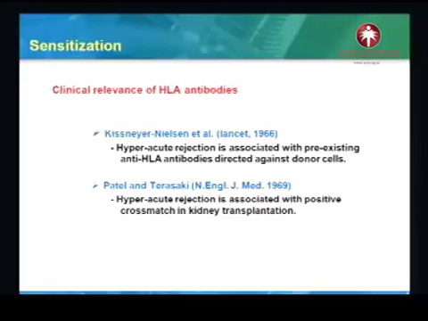The importance of sensitization, as my colleagues earlier mentioned, started in the 1960s by Kissmeyer-Nielsen in 1966, who published that hyperacute rejection is associated with pre-existing anti-HLA antibodies directed against donor cells. And a few years later, Patel and Terasaki also documented that hyperacute rejection is associated with a positive cross-match in kidney transplantation.